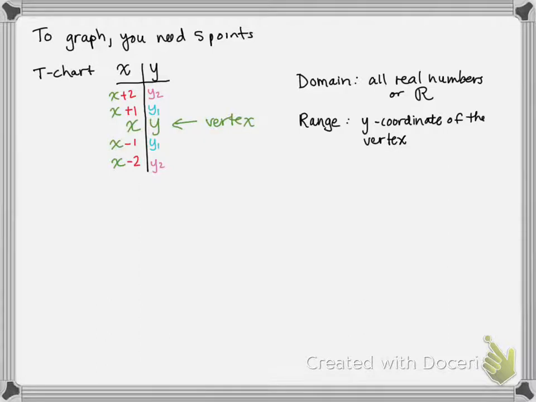Or we'd say y is less than 3, so 3 is the most it was, and then it went down from there. It's the same sort of idea. Okay, so the y coordinate of the vertex is the starting point for the range.